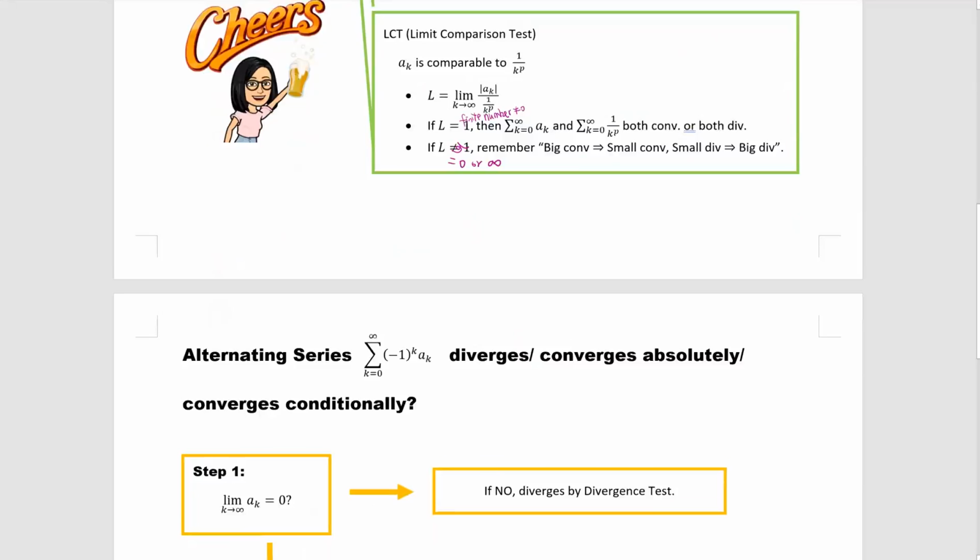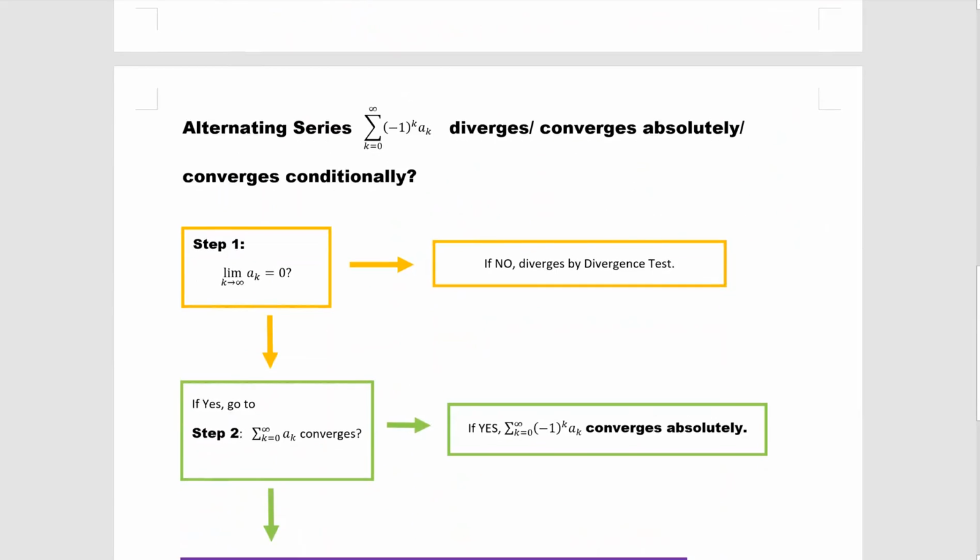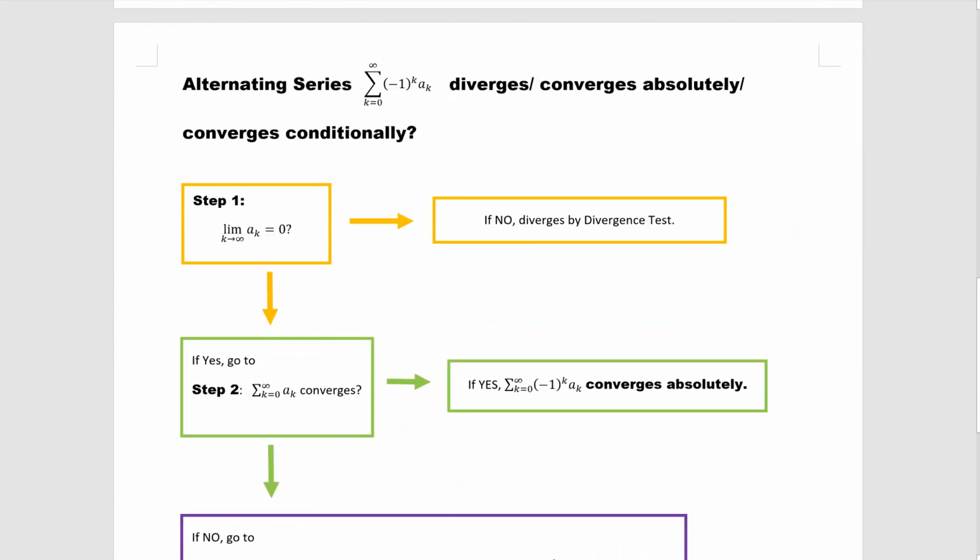Given a series, we can talk about whether it converges or diverges. But in this section, when we're given an alternating series, we have 3 possibilities. It either diverges, or converges absolutely, or converges conditionally. It's like you're playing a game, right?